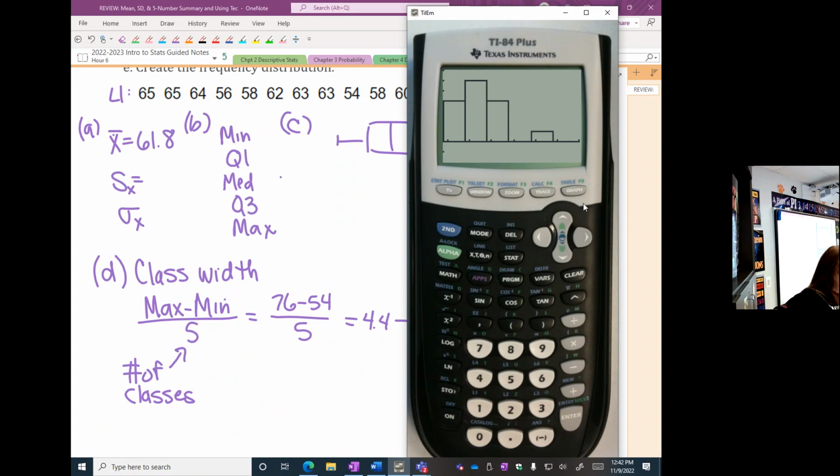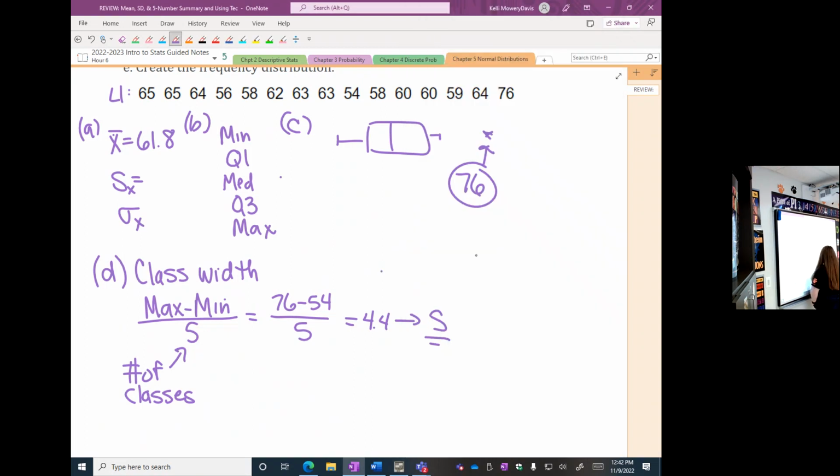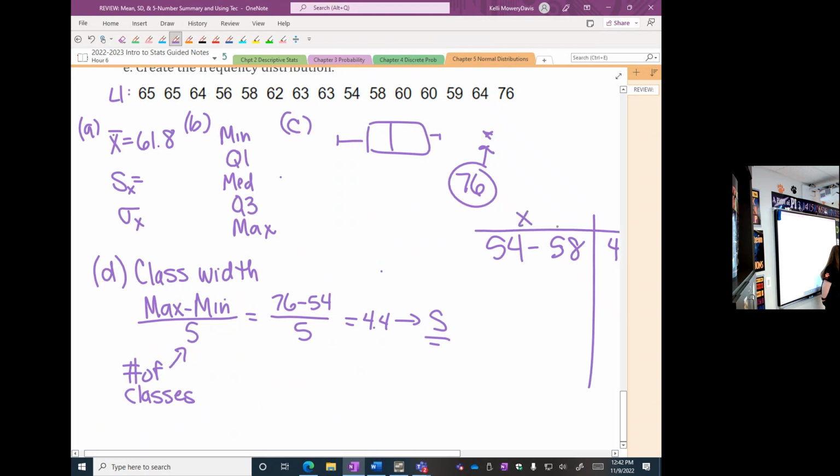Now, how could I build a frequency distribution from this? Hit your trace and take a look at what you got. So this says I start at 54 and I go up to everything less than 59. Well, we've got whole numbers here, which means I'm going to go from 54 to 58. It has a frequency of 4. Okay, I should say not X, but class.